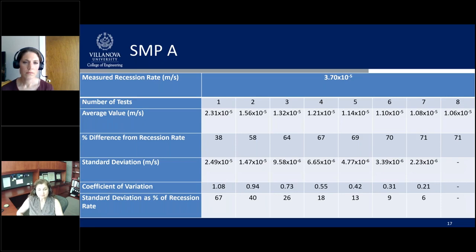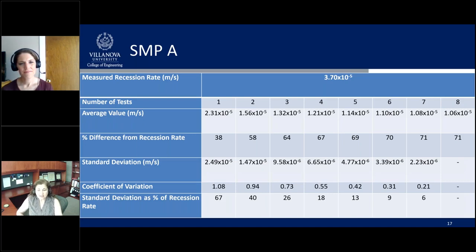Interestingly, from this data, we can see that we were really pretty much spot on with that first location that we selected, but that's just dumb luck. That's not something that was intentional or something that's really repeatable, because as we start moving around the site, you see that actually our percent difference from the true recession rate becomes worse as we move across the site and collect more data.